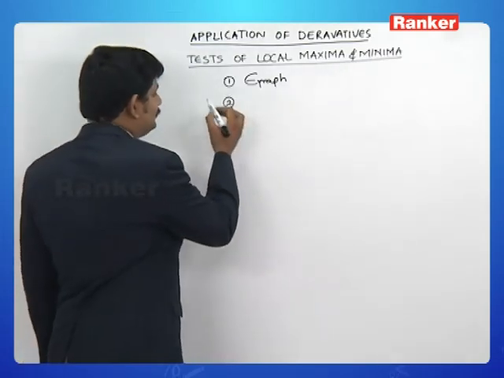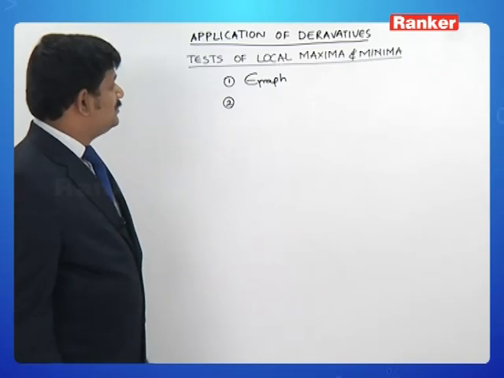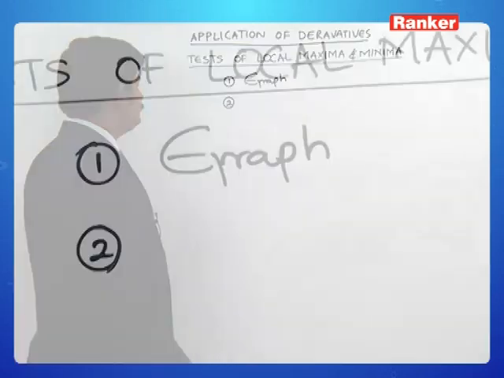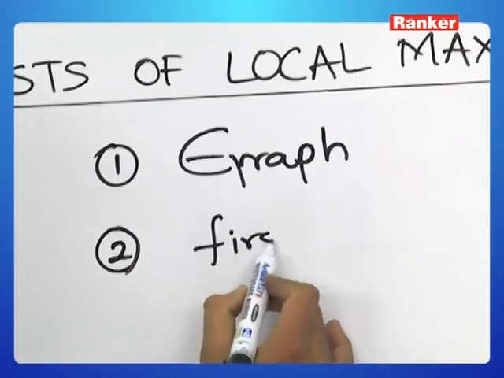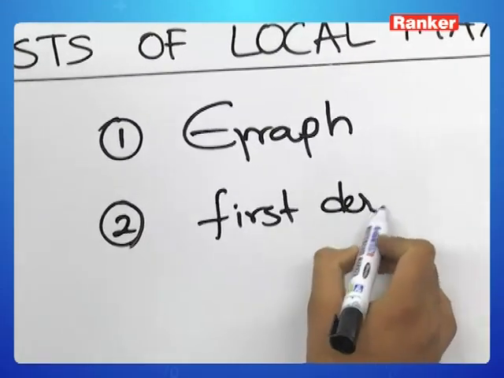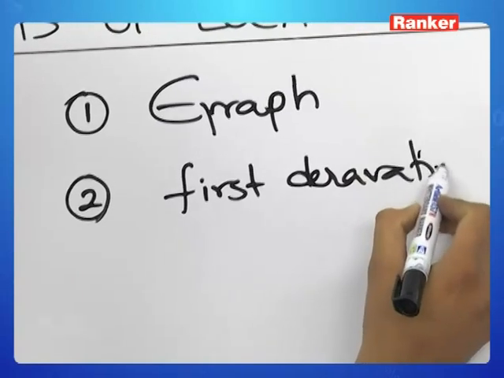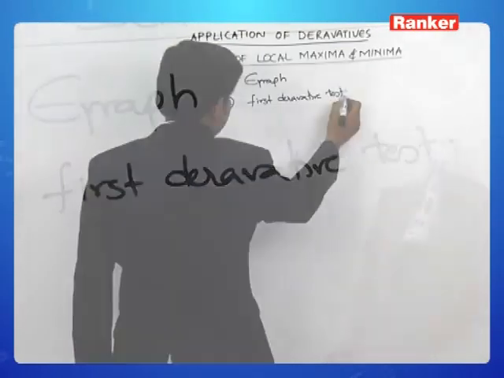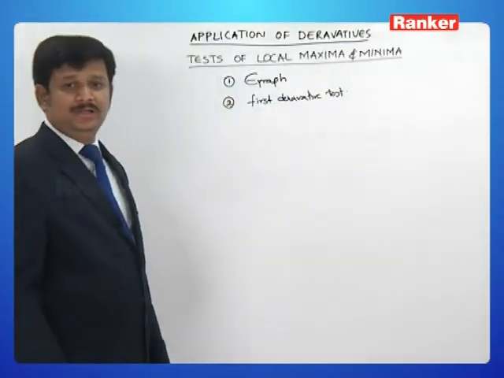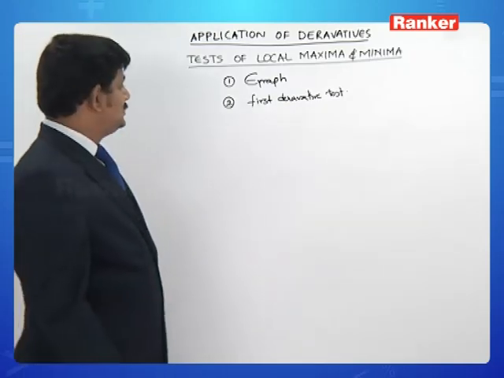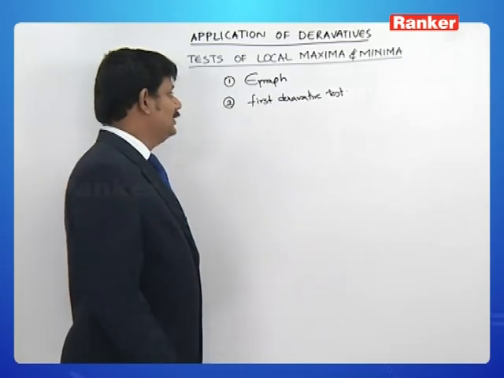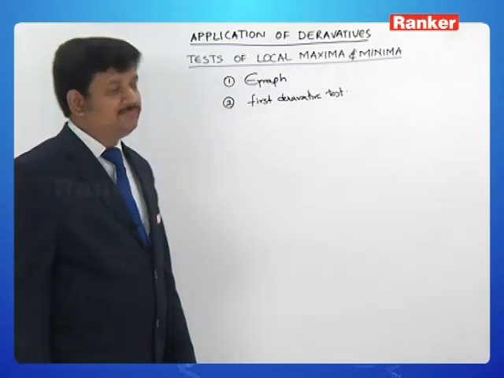The second way to test for local maxima or local minima is the first derivative test. But the first derivative test is applicable only for continuous and differentiable functions.